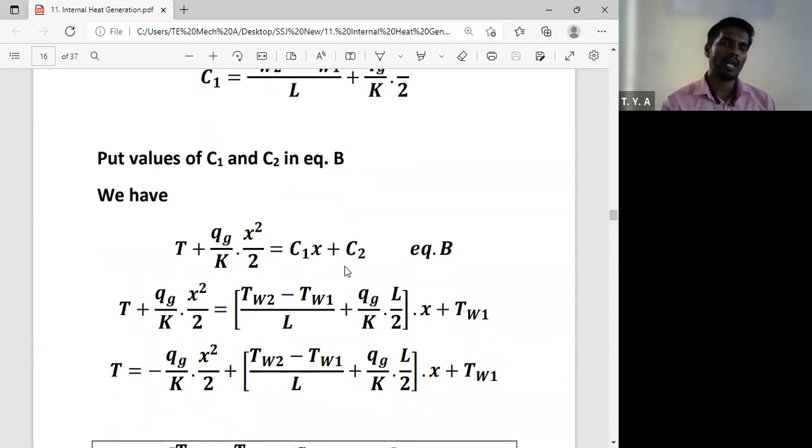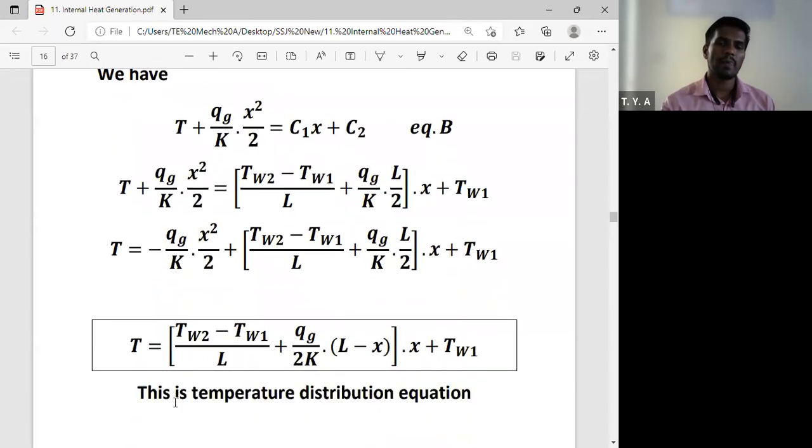Okay, so put the values of C1 and C2 in equation B. So we get the final equation: T is equal to TW2 minus TW1 by L plus QG by 2K into bracket L minus X into X plus TW1. So this is the temperature distribution equation when the wall surfaces have different temperatures.